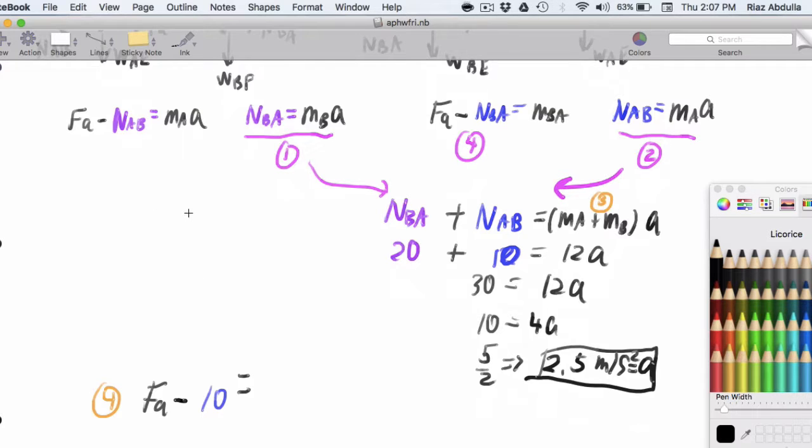So I know one other idea that I can do. I'm going to take equation 4 and 2 and combine them in the following way.